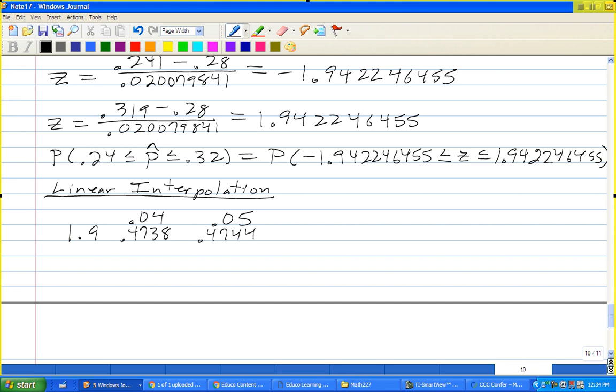Okay, so let's do that. No, I guess let's use this. So P equals P1 plus (P2 minus P1) over (Z2 minus Z1), times (Z minus Z1).